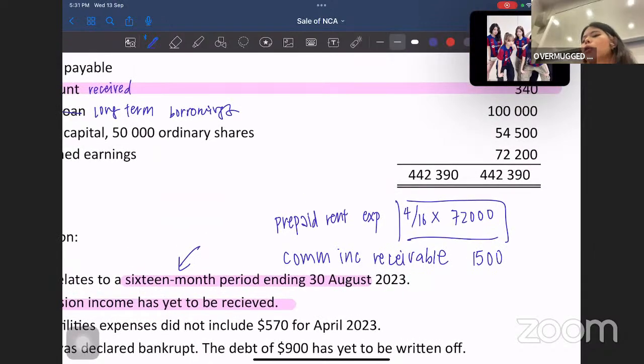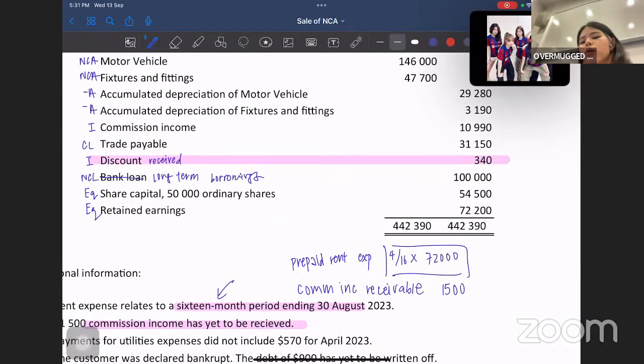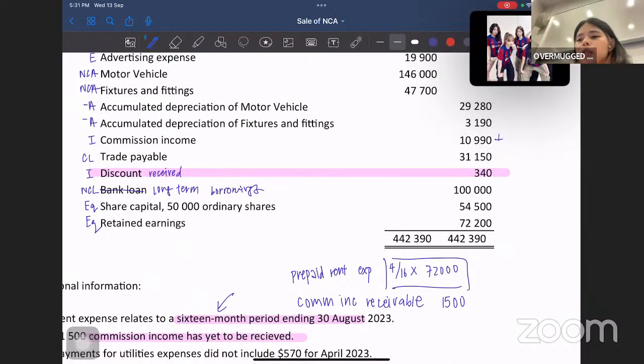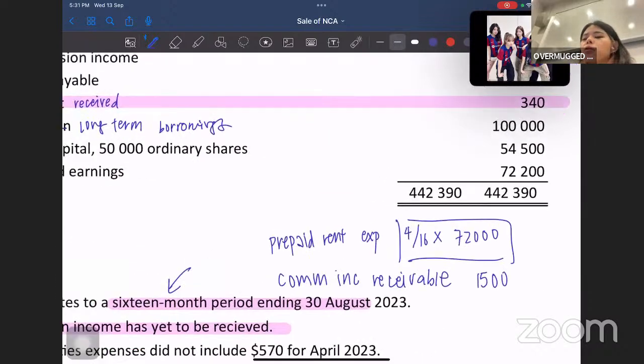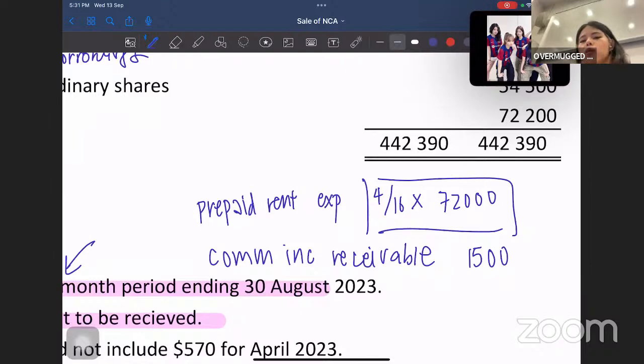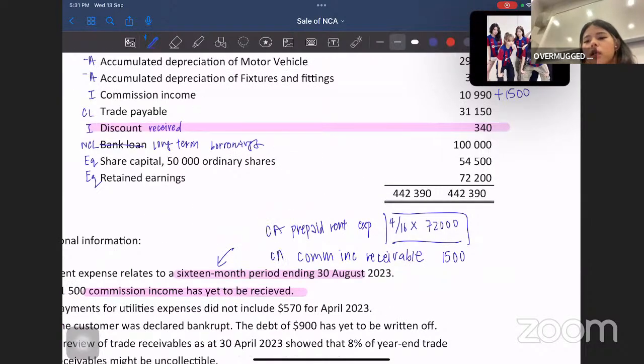Then again, this commission income receivable, is it owing or is it prepayment? It's an owing, right? Because you haven't yet received. People are owing you. So O plus. So here I will plus 1,500. Oh, and also remember to label the items that you create on your own. So prepaid is a CA, receivable is also a CA.